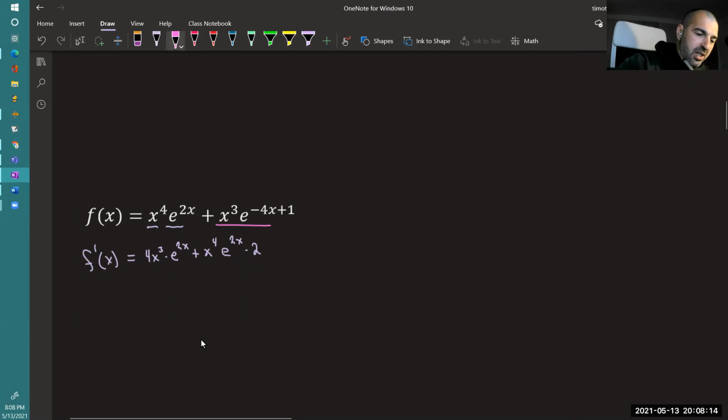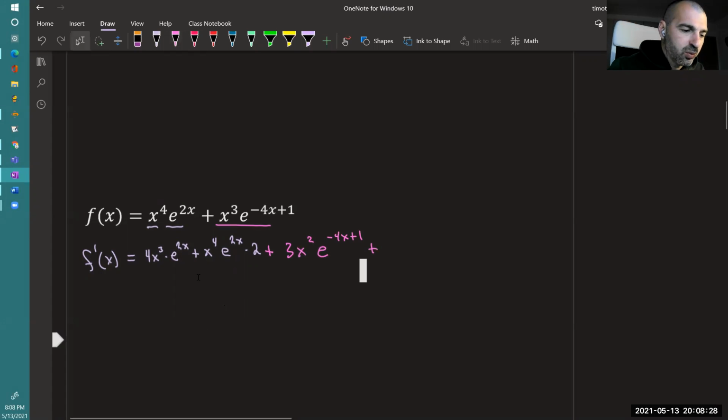Now, this guy here is going to have its own derivative. So that's just going to be 3x squared times e to the negative 4x plus 1. Plus, this is again a product rule, right? So I took the derivative of x to the third, and I'm multiplying it by this guy, not differentiated.